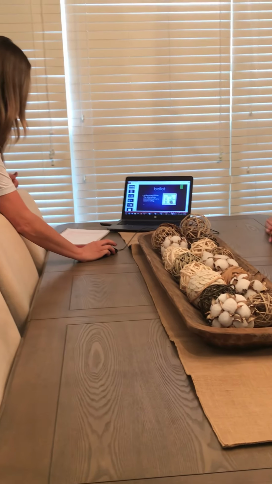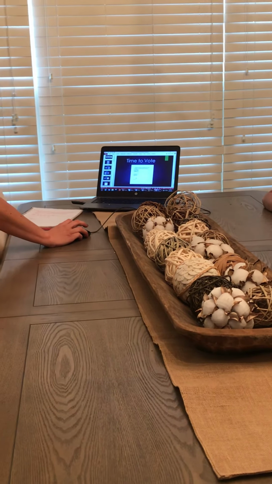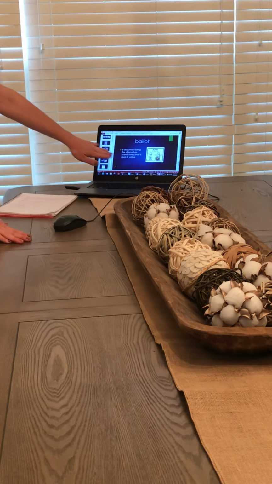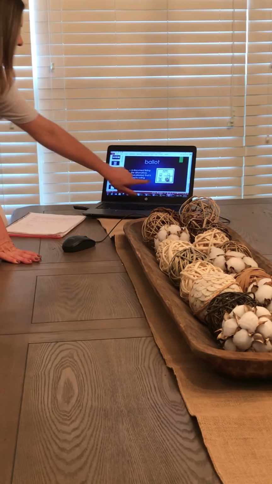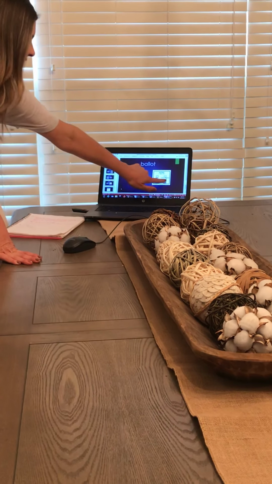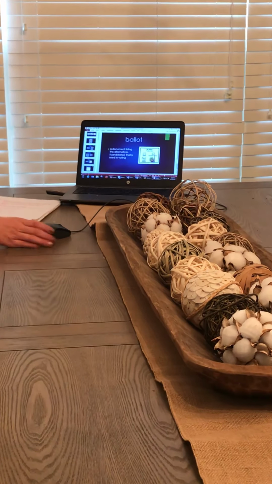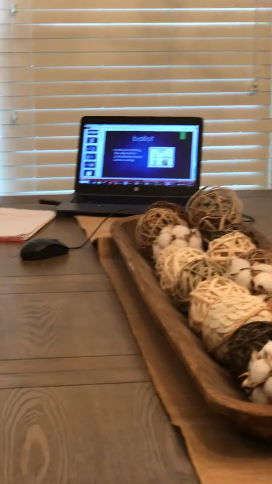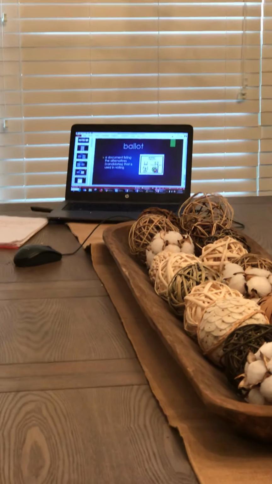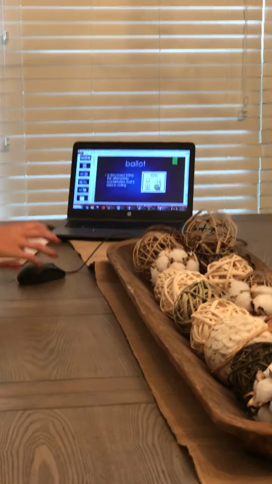And then a ballot. Your parents were able to use a ballot and have the different names on there. This is just a sample ballot. It says Duck or Farmer Brown because that's the book we read. And a ballot is a document listing all the alternates or candidates that is used in voting. Okay?